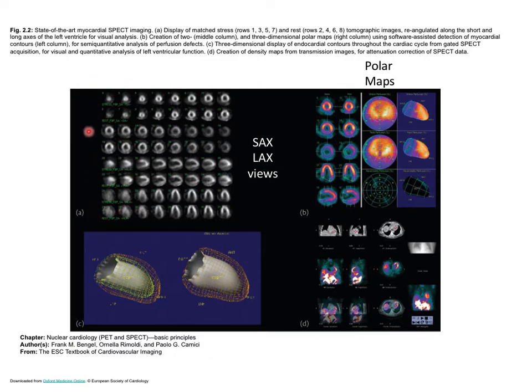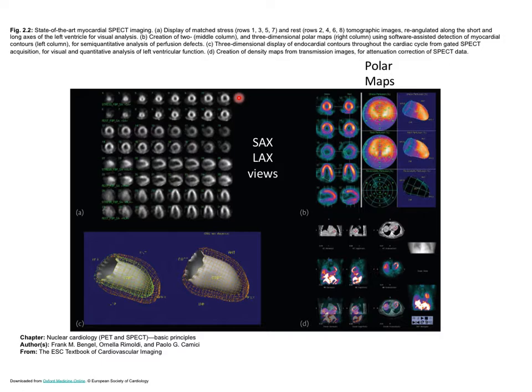The way this is organized is from the apex of the heart up towards the base in multiple slices. So those donuts of increasing diameter are chunks of the heart from the apex up towards the base in a short axis view. And the reason you have two sets of images here in that view is because you've done rest and stress.